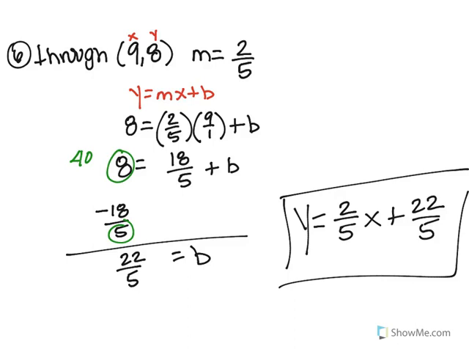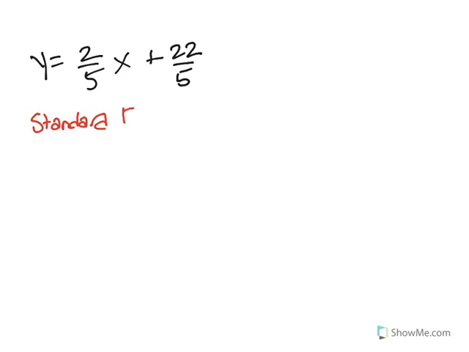Y equals 2 fifths x plus 22 fifths. Let's put this one in standard form. To put it in standard form, we're first going to do what?